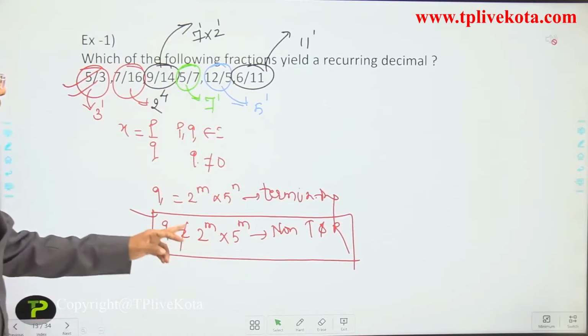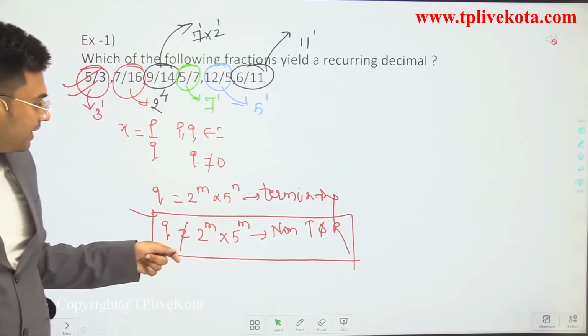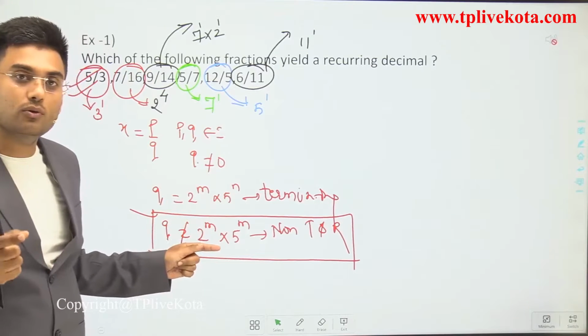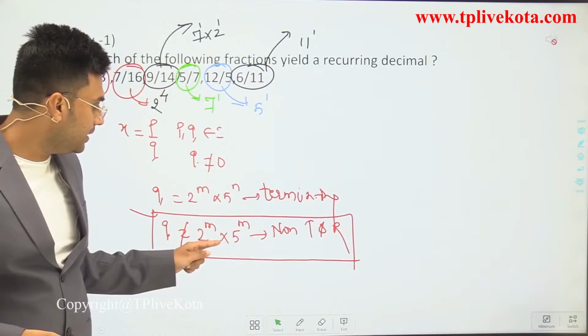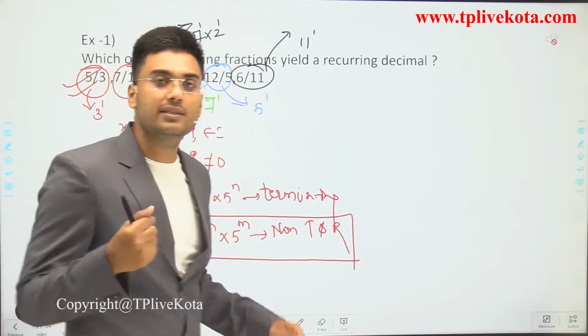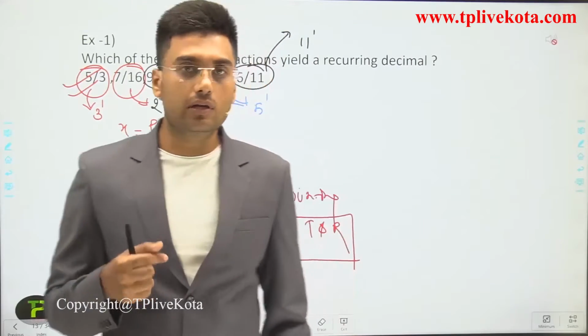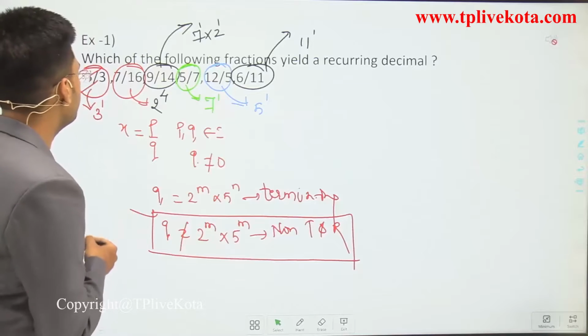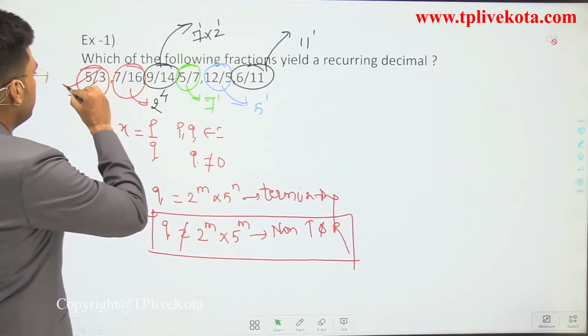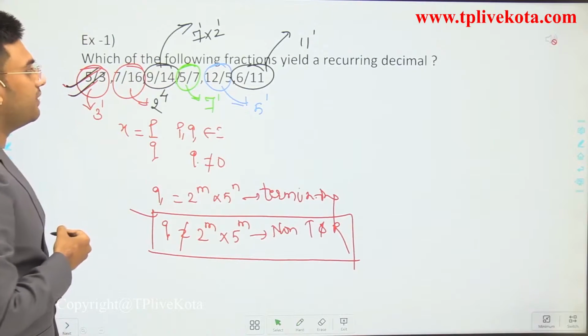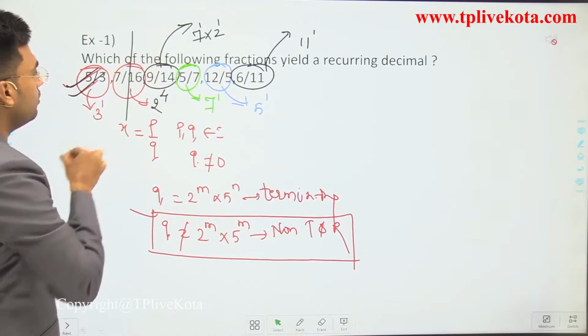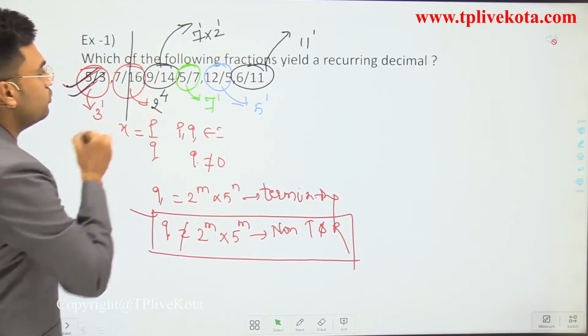So we require that the form should not be 2 power m into 5 power n. So we can say that in the denominator 2 and 5 are not required. Some follow our requirement, but 7 by 16 does not follow because it has 2 power 4.